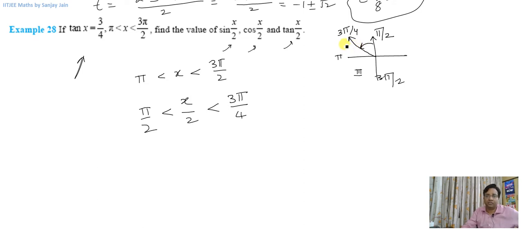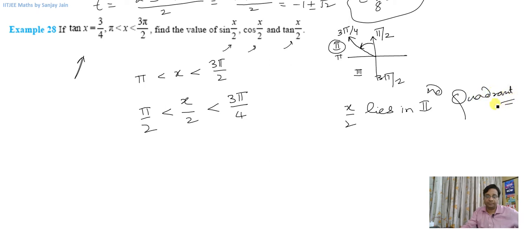So it is in the second quadrant. Okay. So x by 2 lies in the second quadrant basically. I hope what I am saying is correct. Yes.